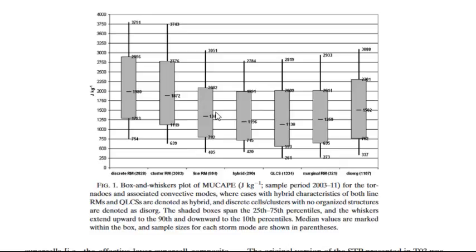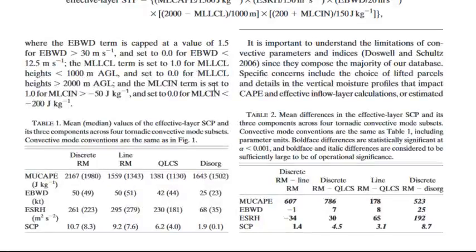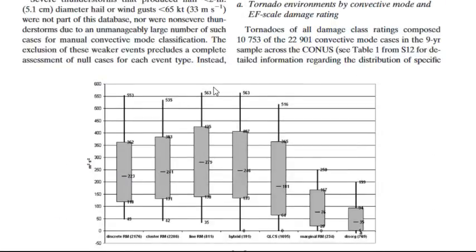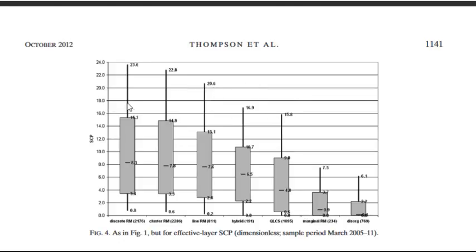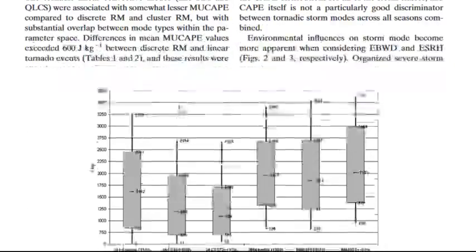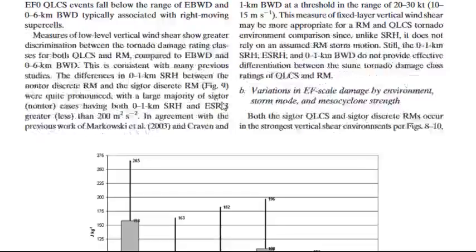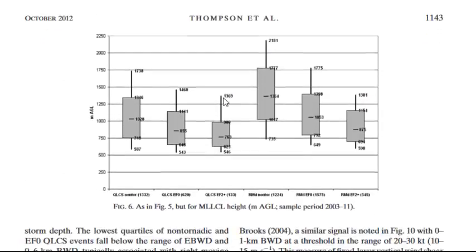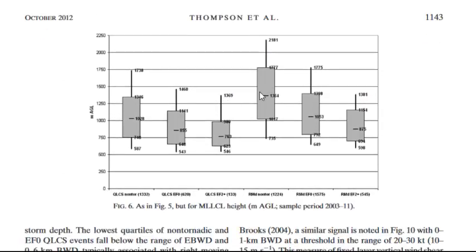And these values are pretty common on severe weather days, so CAPE by itself is not that great of an indicator of severe weather. So let me hit on some of the key points here. Show you a few of the points that I found here.